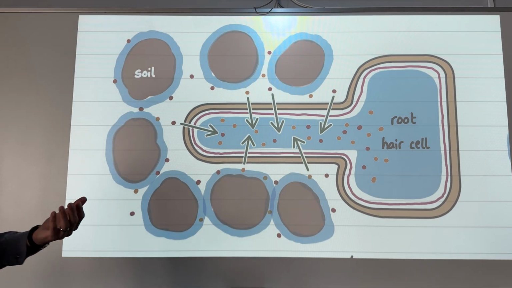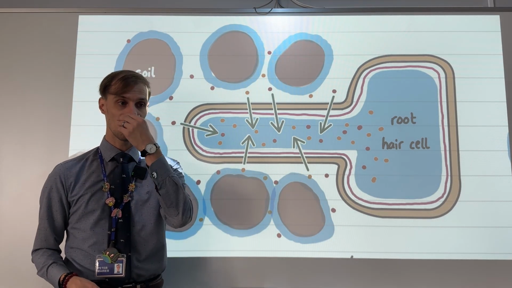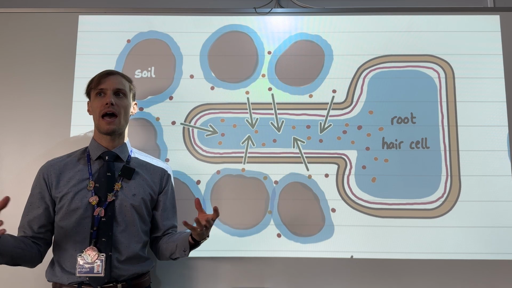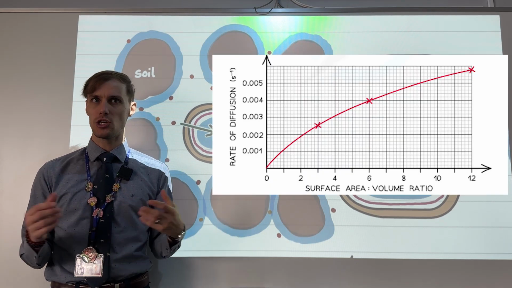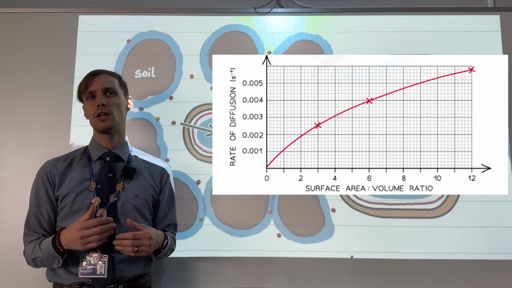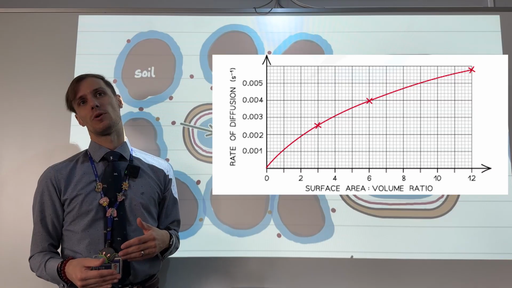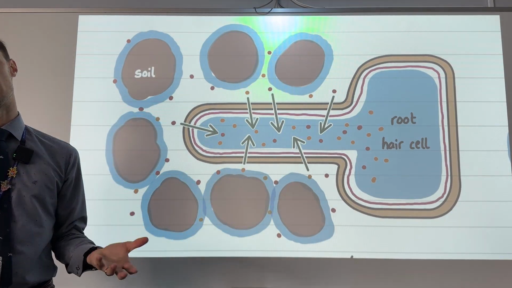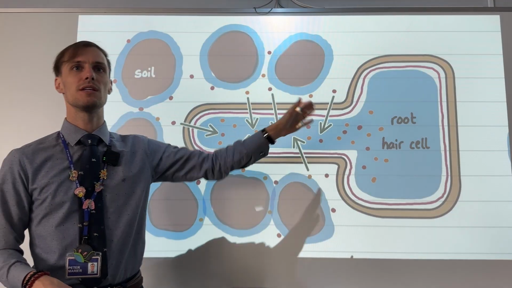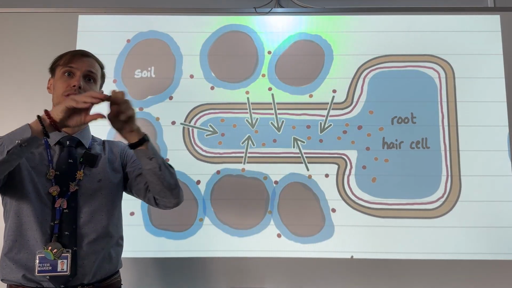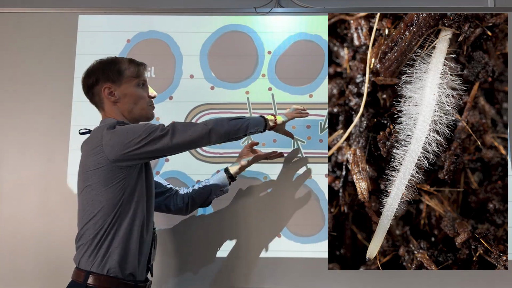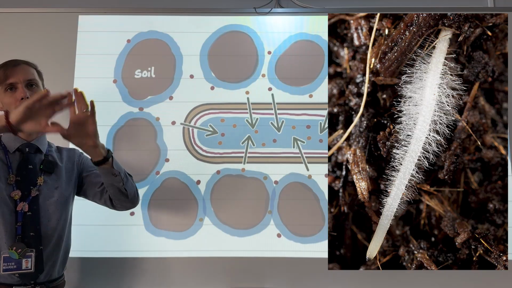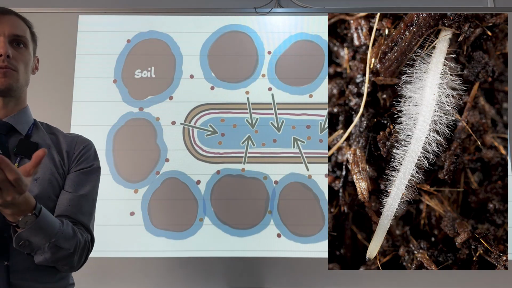A recurring theme that we've explored in B3.1 was if anywhere I have a lot of exchange or transport, I want to increase surface area to volume ratio. And in this case, the roots would want to maximize surface area to volume ratio. So these cells would be those right on the epidermis facing out. They have these projections coming out, massively increasing surface area to volume ratio.